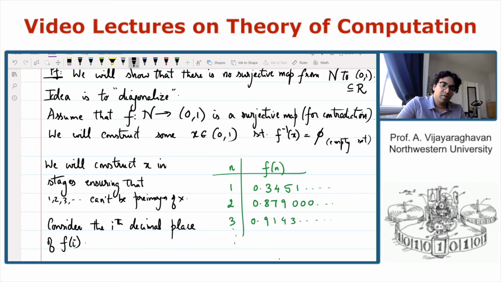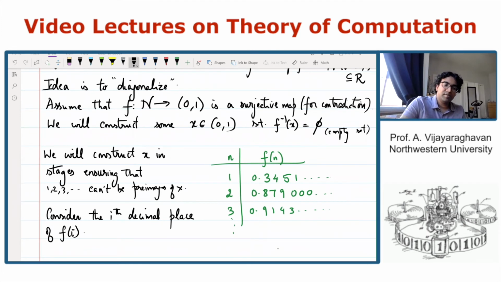Okay, so we will choose x so that the ith decimal place of x differs from the ith decimal place of f of i.